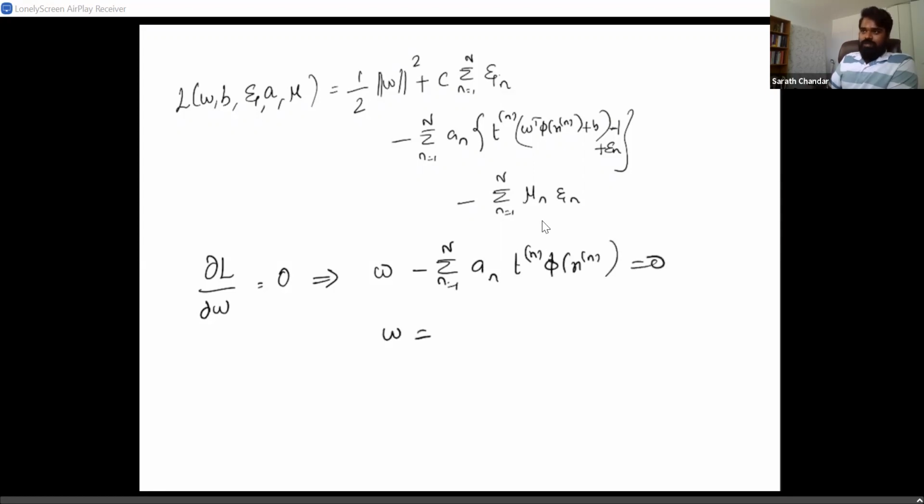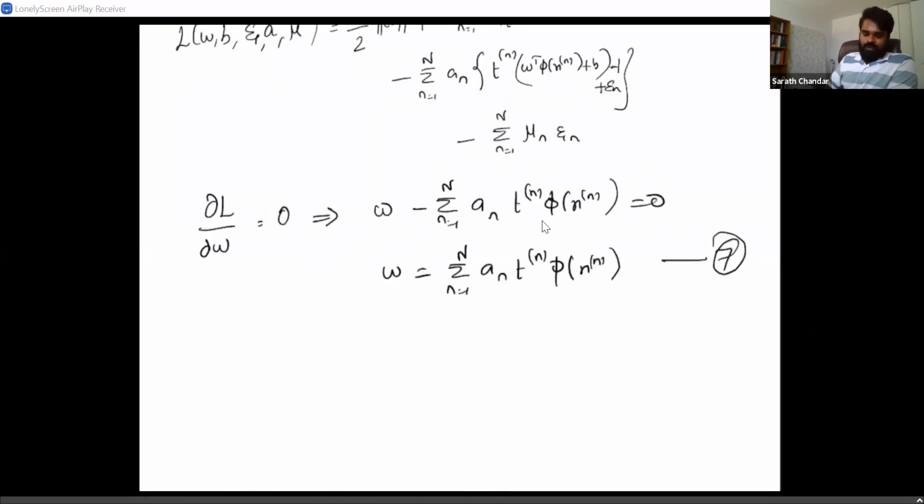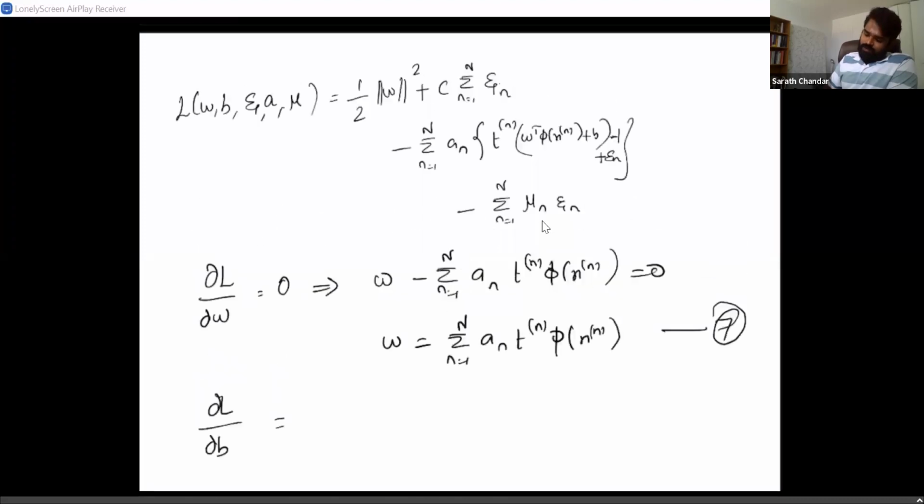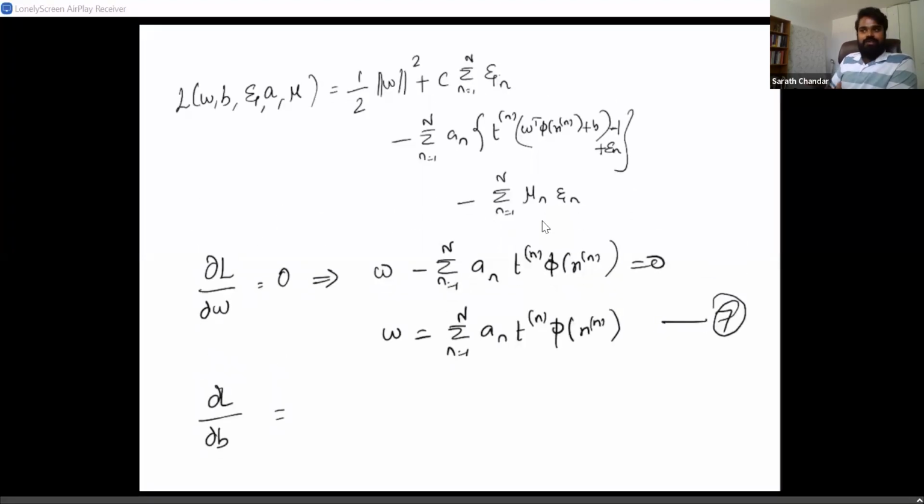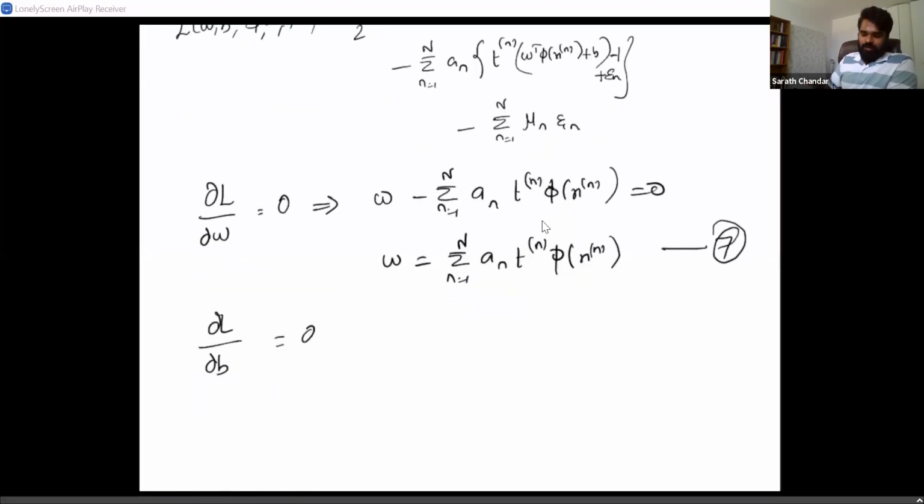So W becomes summation over n equals 1 to N of a_n t_n phi(x_n). Let's call this 7. This is exactly similar to the previous one. Then dou L by dou b, there is nothing extra in terms of b here, so it's the same solution: summation over n equals 1 to N of a_n t_n is equal to 0. Let's call it 8.